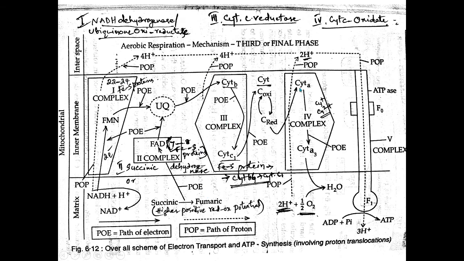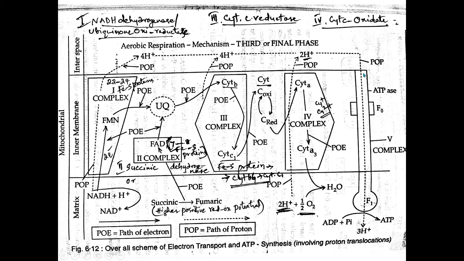So what happens here is the role of a fifth enzyme complex, known as ATP synthase, comes into action. It is present embedded in the mitochondrial inner membrane. It has two parts, the F1 region and the F0 region. F0 region is a stalk, embedded in the inner membrane, and F1 is a head, which is present towards the mitochondrial matrix.